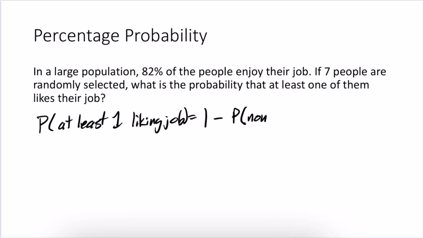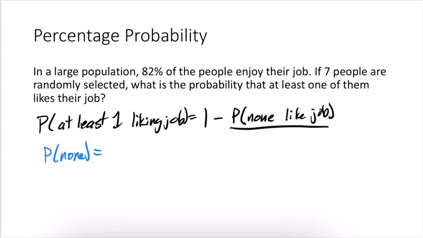And I need to figure out what that is. So I'll say probability of none. If 82% of the people enjoy their job, then that means that 18% of the people don't. Because if 82 do, then the other 18% will not.